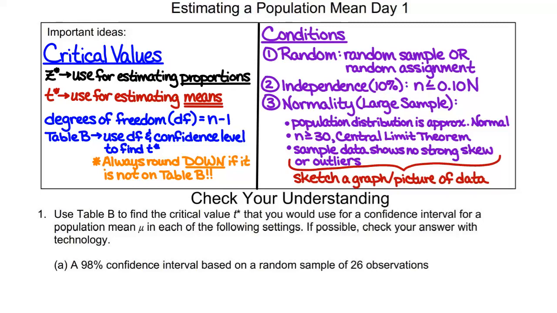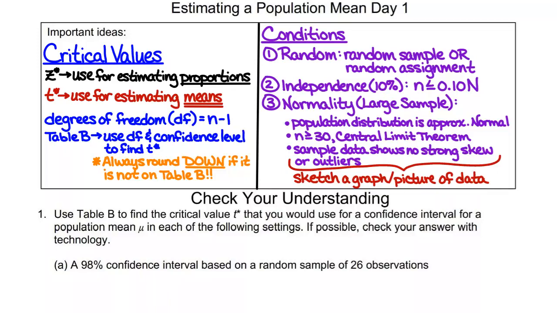Critical values. Z star is for proportions. T star is for means. Degrees of freedom, n minus 1. You're going to use the degrees of freedom and the confidence level to find your T star.